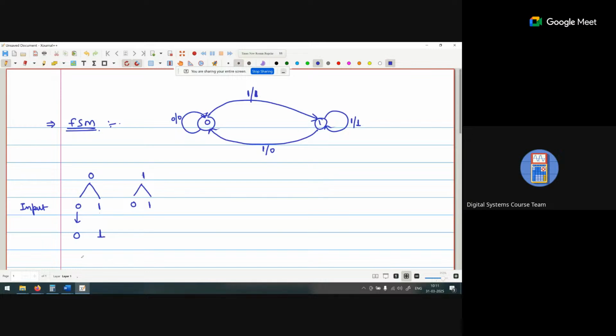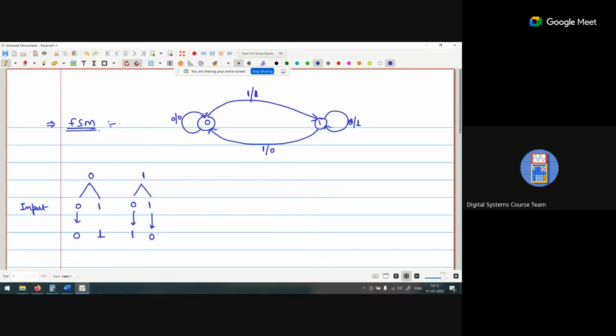Similarly, with respect to 1, if 0 is coming, next state is 1, and if 1 is coming, next state is 0. I just take this one.